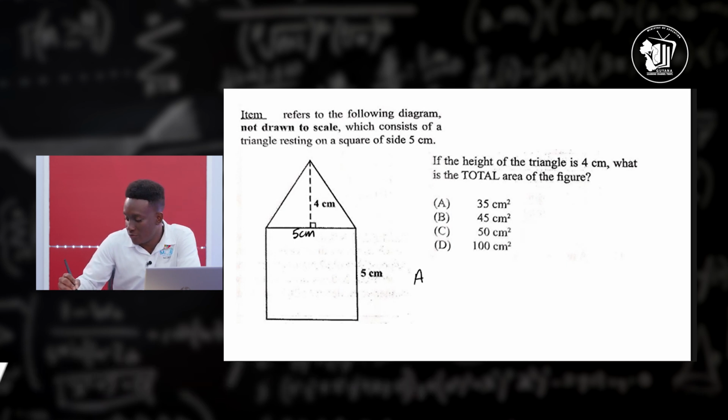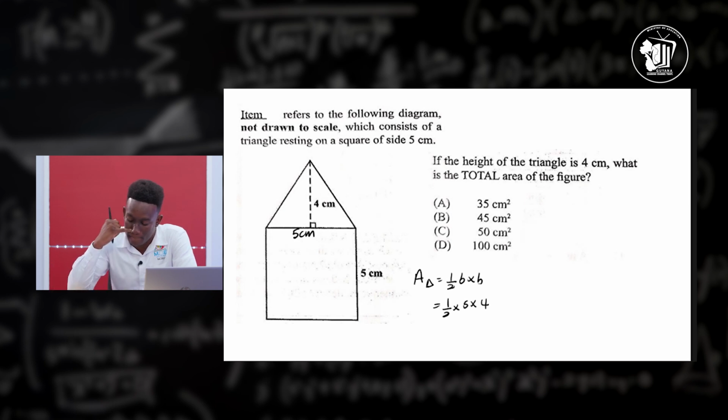So to find the area of the triangle, we can say it's half base multiplied by the height. So it's half multiplied by the base, which is 5, multiplied by the height, which is 4. So this would be half multiplied by 5. 5 times 4 is 20. Half of 20 would be 10. So it's 10 cm squared is the area of the triangle.